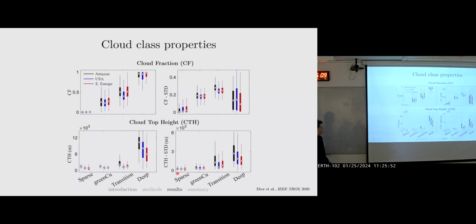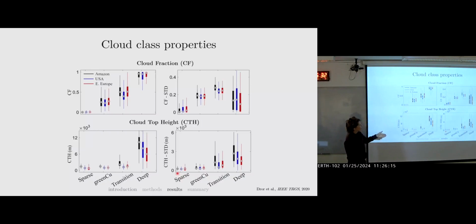We have these different cloud properties. The upper row corresponds to cloud fraction, the lower row to cloud top height. Cloud top height we mostly looked at to make sure that we're indeed dealing with shallow clouds, and that we don't have some subvisible cirrus above them.